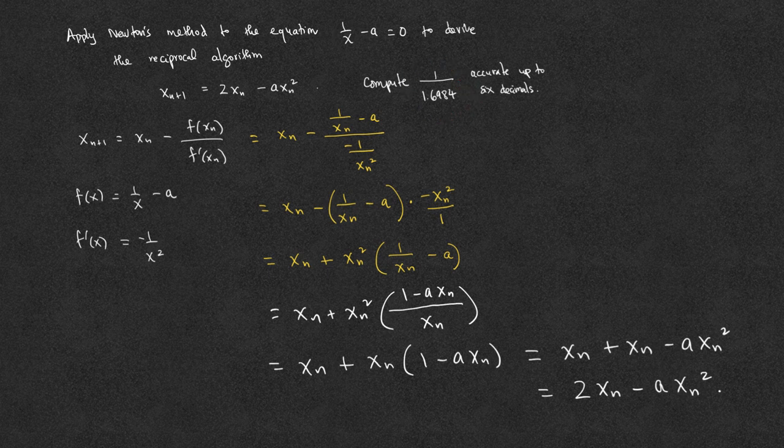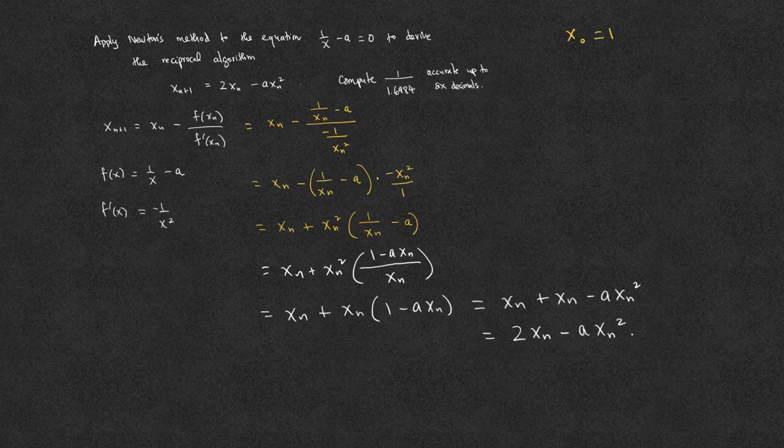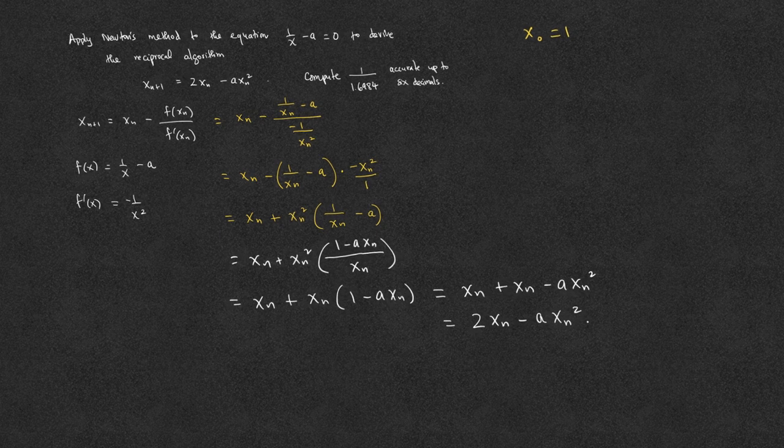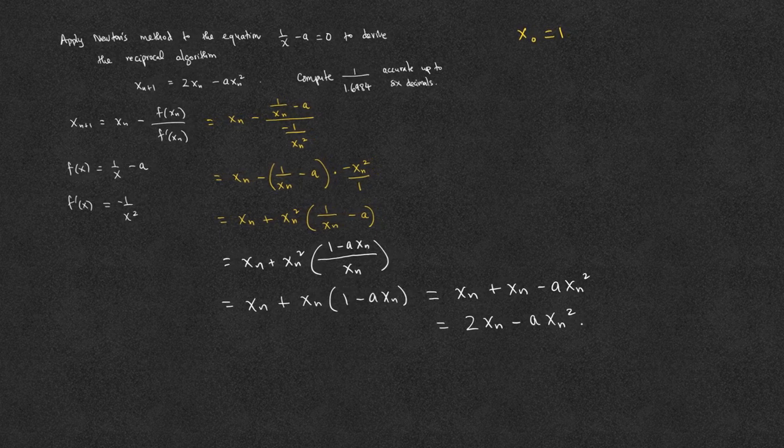But let's say that we would simply use 1 or 2. Again, the further away from the actual solution, the more steps we will need. Why not just start with x sub 0 equals 1? Again, it is better to start with x sub 0 equals 0.5 in this case.